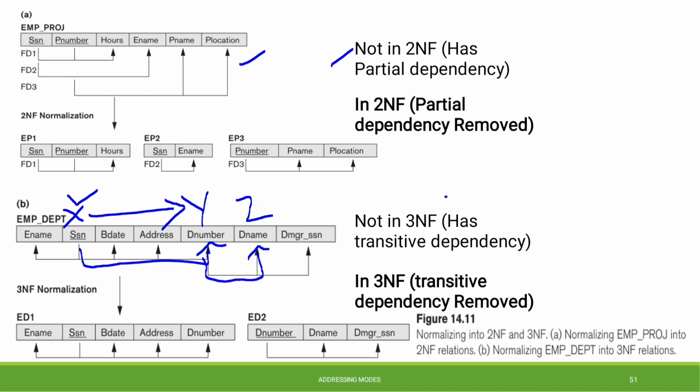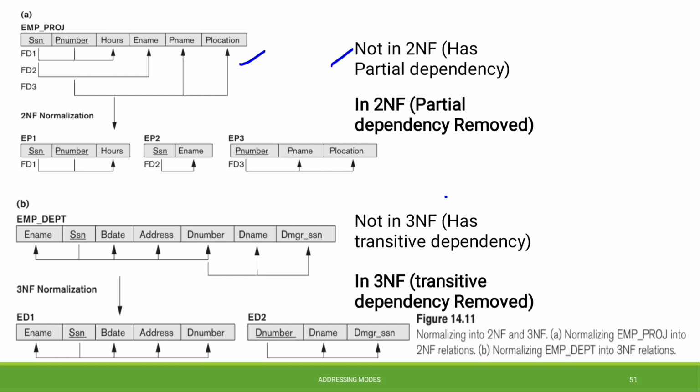But Y is deciding the value of Z. This is not okay because Y is not a prime attribute. When such dependency is there, it is called transitive dependency. Hence, the relation will not be in 3NF.